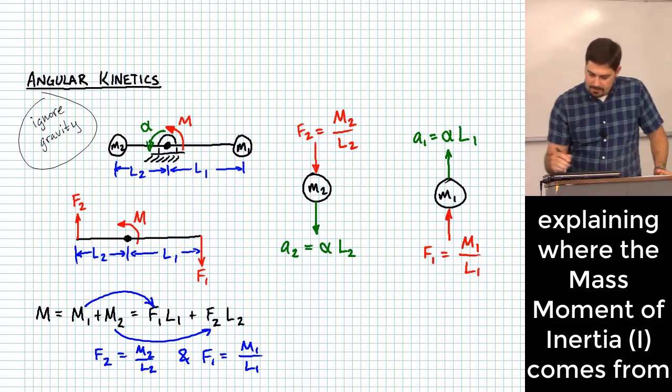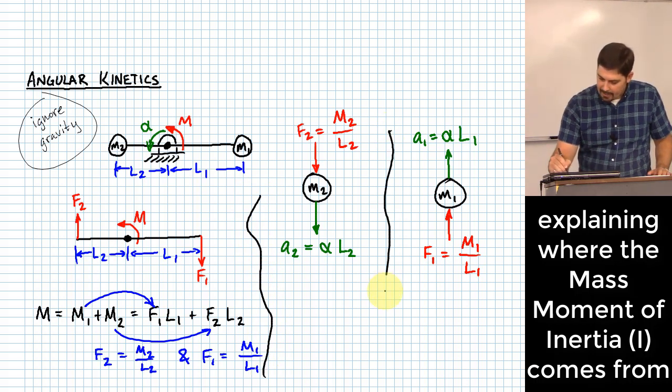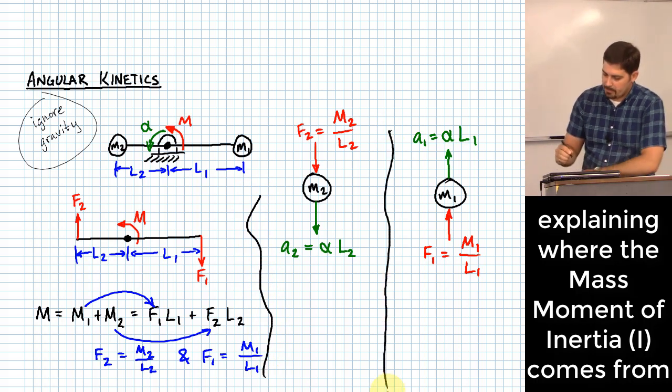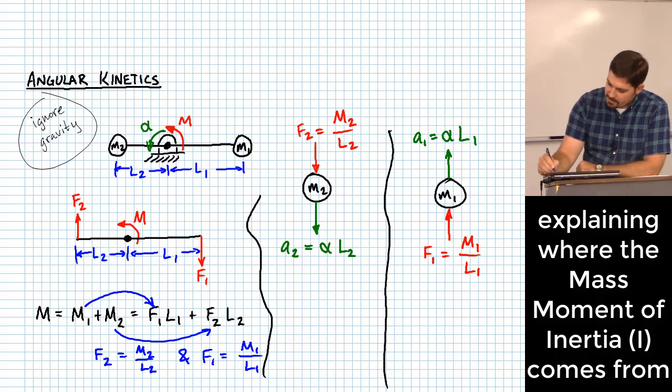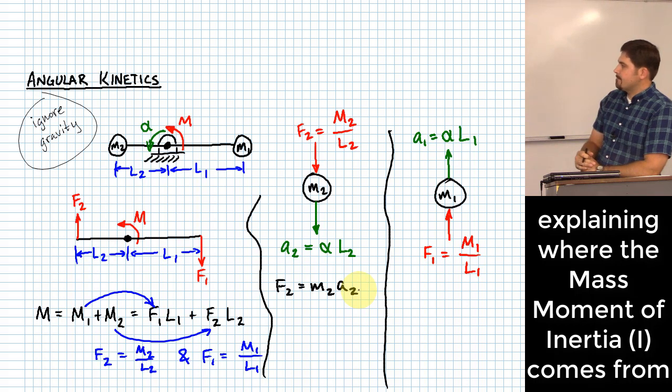Well, Newton's second law, we can kind of use that for either one of these cases, right? We can say that F equals ma. In other words, F2 is equal to m2 times a2. Right?